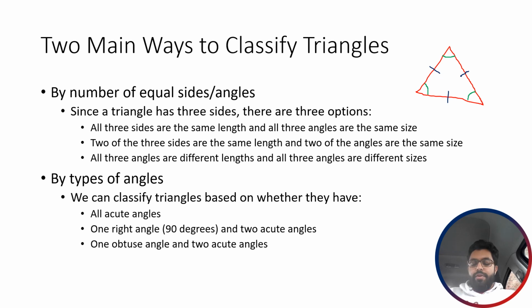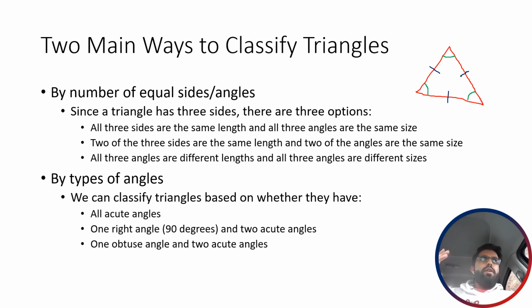So those are the three different options, right? When you've got a three-sided shape, you could have that they're all the same size as each other. You could have that two of them are the same size as each other, but the third side is a bit longer or a bit shorter. Or you could have that all three sides are completely different, right? So those are the three different options.